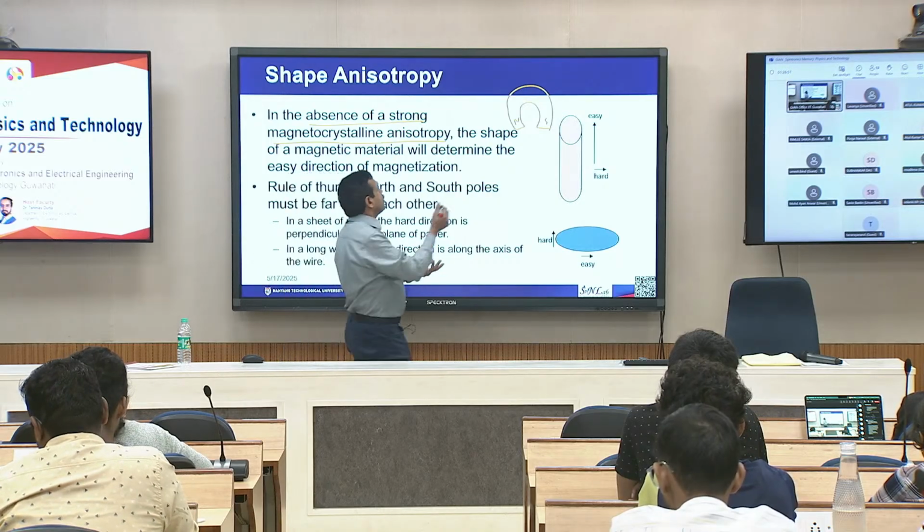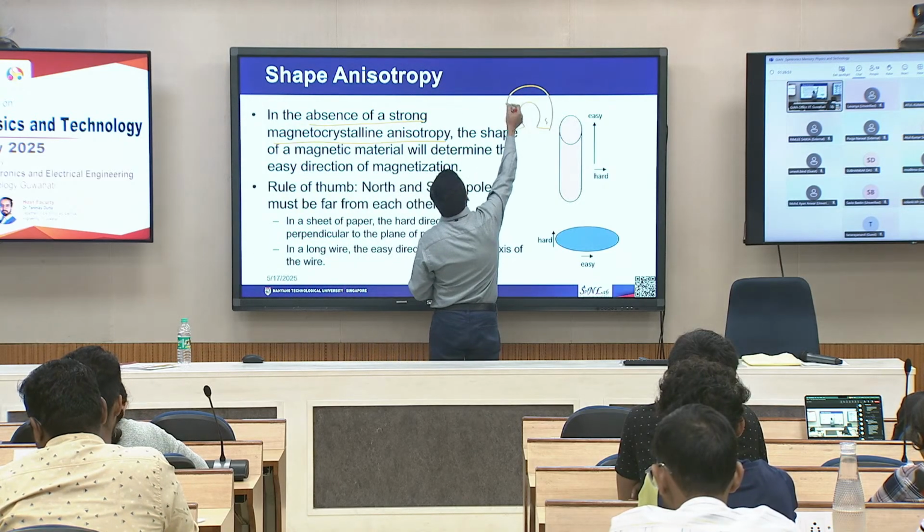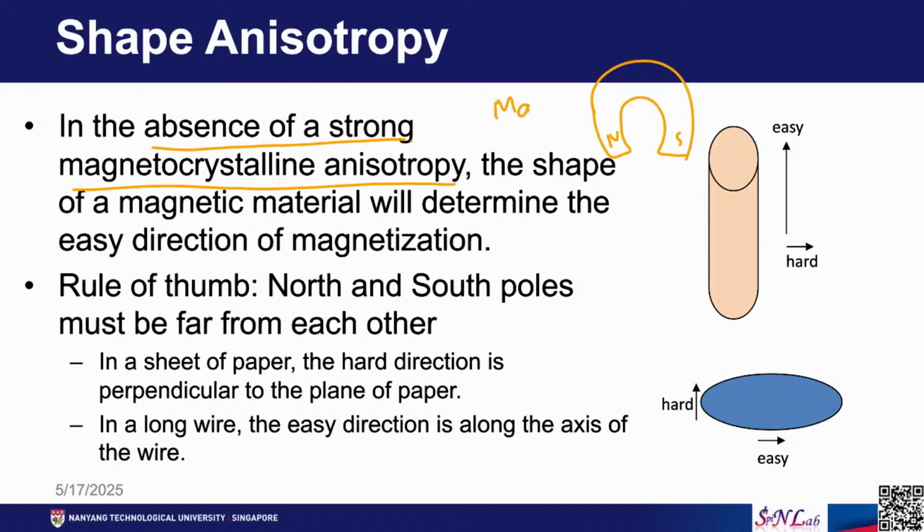So, at this point of time, when people made this kind of horseshoe magnet, the materials used for these magnets themselves had low anisotropy. They did not have a strong magnetocrystalline anisotropy, and they used this shape to create some anisotropy. So, the horseshoe magnet is one example of a magnet that uses shape anisotropy.